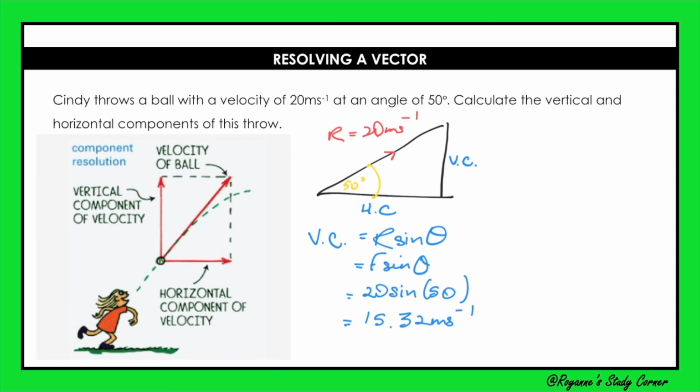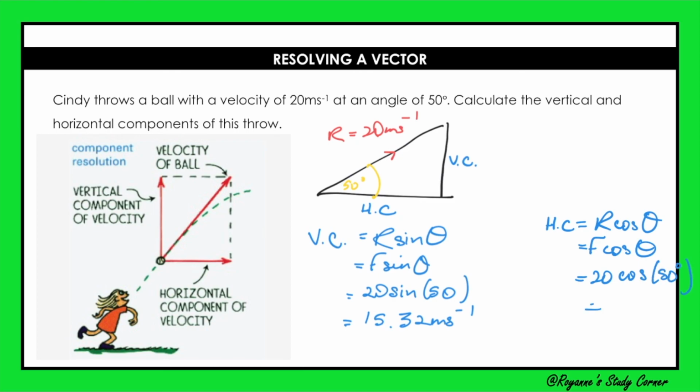I'm going to use the same formula for the horizontal component. I feel like I was saying horizontal component all the time. I meant vertical component. I hope you all picked up on that. So for the horizontal component, we use our cosine theta. Or if you prefer to think of it as F, since that's how we derived it, then you can use F cosine theta. What's going on with me today? My resultant is 20 cosine of 50 degrees.